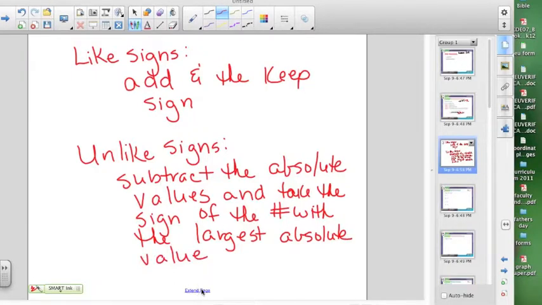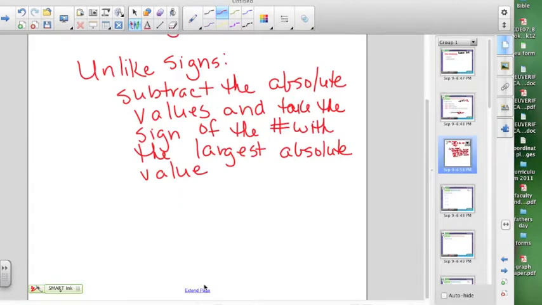Okay, now write those again at the top of your flap. Now down at the bottom part, under the addition part, here are some examples. I want you to list the examples. Like signs first. If I had a +2 plus a +4, well, you've been doing that problem since preschool, at least kindergarten. 2 plus 4 is 6.